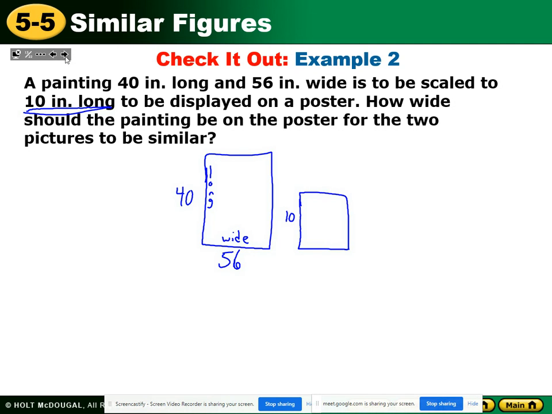So, what do we know about the width then, Trenton? Do we know the width? So if we don't know the width, what can we do? We could do the x here. Okay?